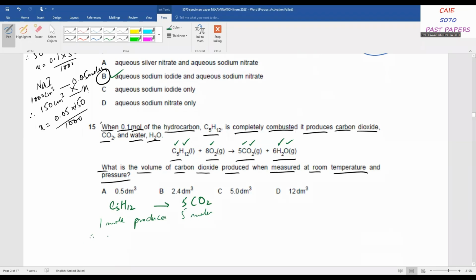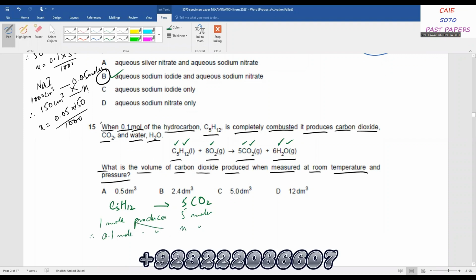Therefore, 0.1 mole produces X mole of CO2. Do the cross multiplication, you will get X is equal to 5 multiplied by 0.1, which is 0.5 moles of carbon dioxide.